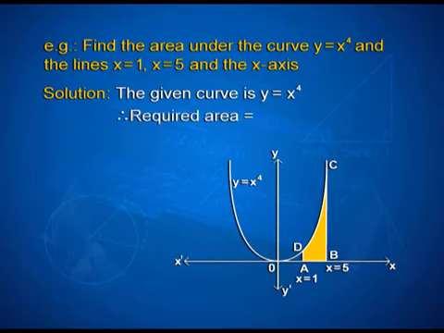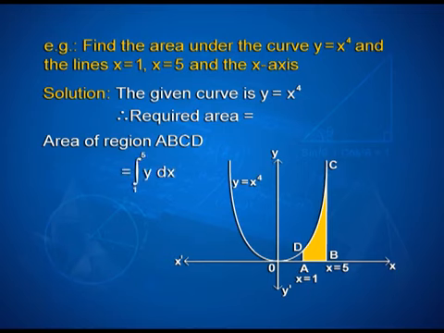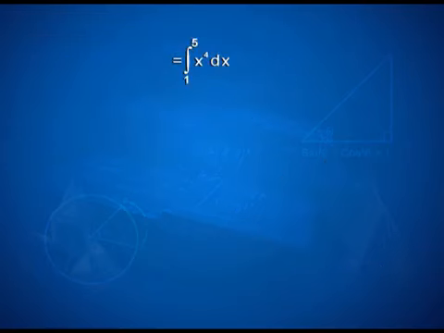Therefore, the required area is equal to the area of the region ABCD, that is equal to integral 1 to 5 y dx, that is equal to integral 1 to 5 x to the power 4 dx, that is equal to x to the power 5 upon 5 with limits 1 and 5.